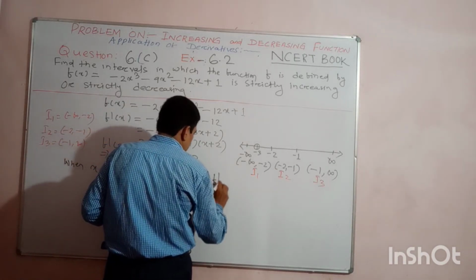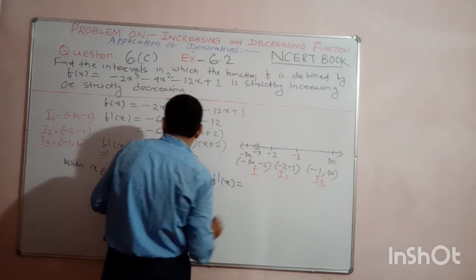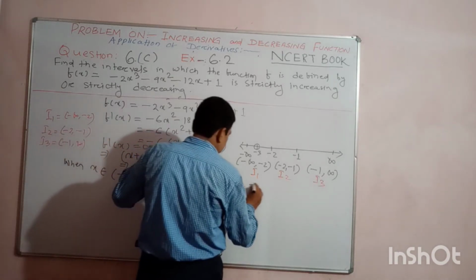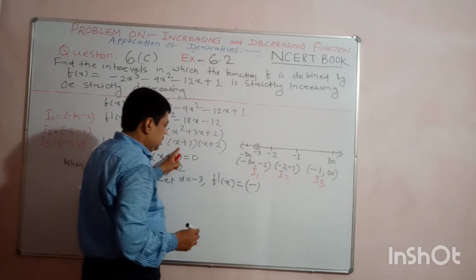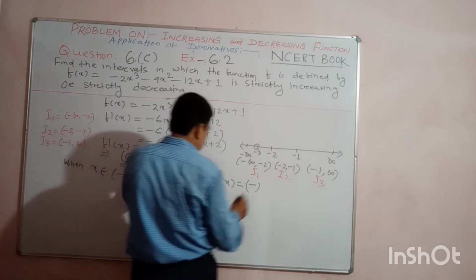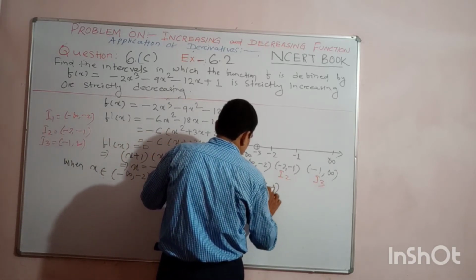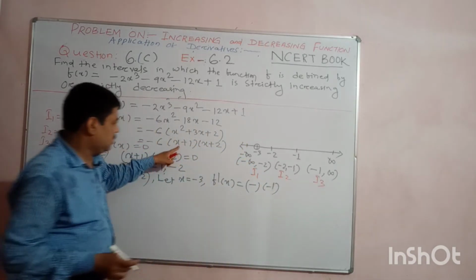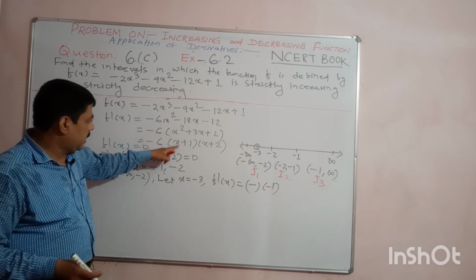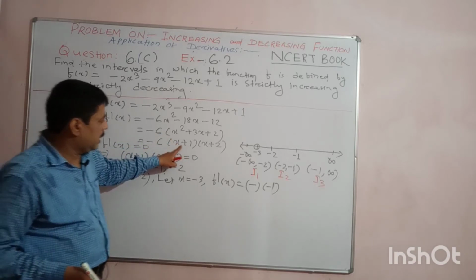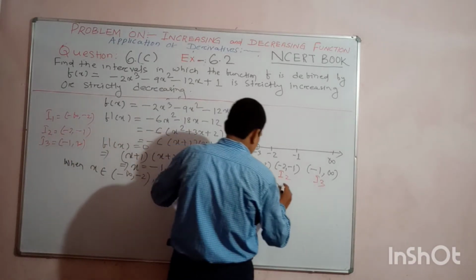Putting x = -3, the sign of the slope: the constant factor is negative, x + 1 is -3 + 1 = -2, negative, and x + 2 = -3 + 2 is also negative.